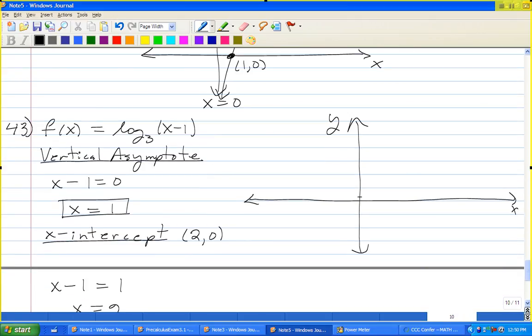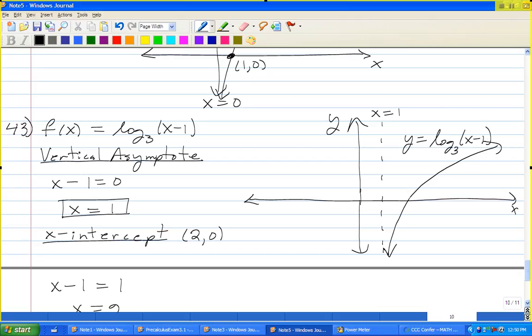It's very similar to the previous ones, except that we translated this over. So let's have the vertical asymptote here at x equaling 1. Then it looks something like this. So this is the graph of y equaling log base 3 of x minus 1.